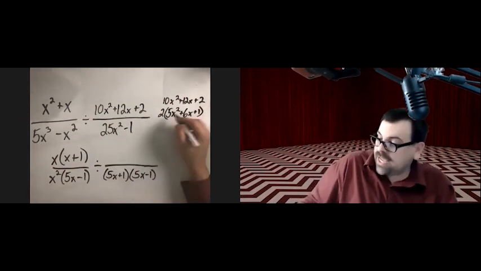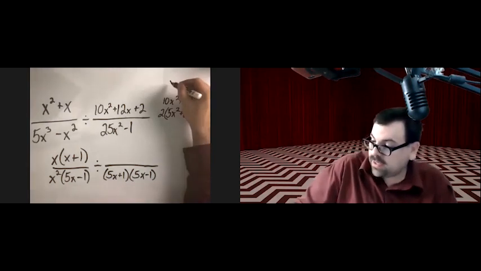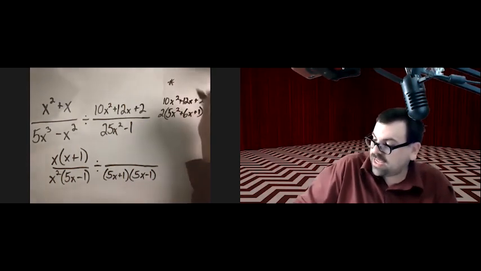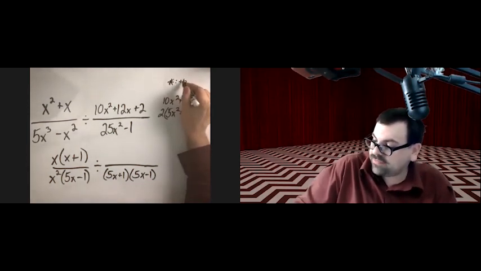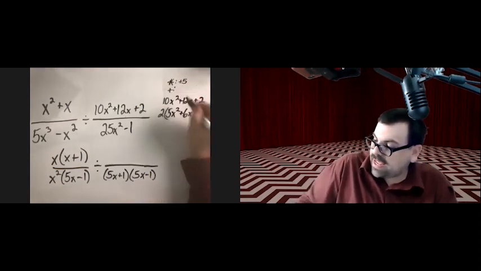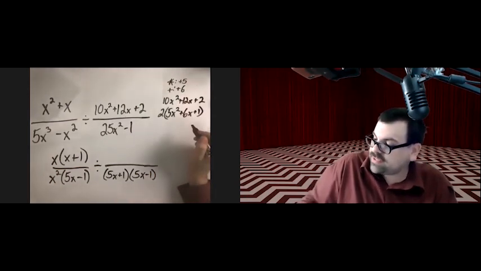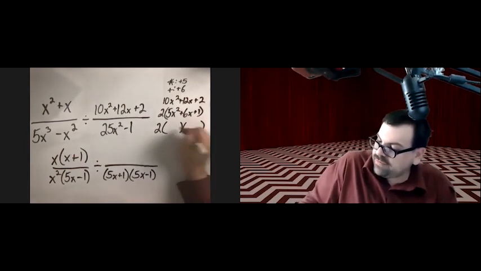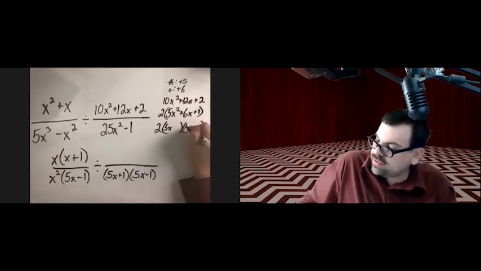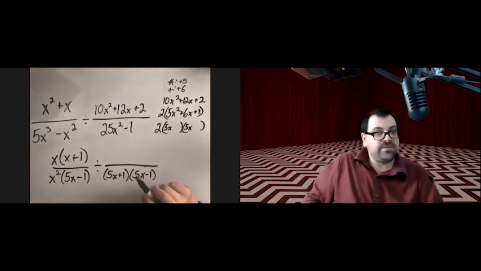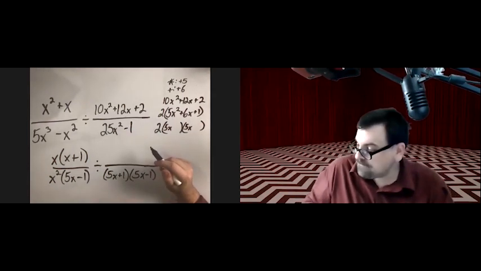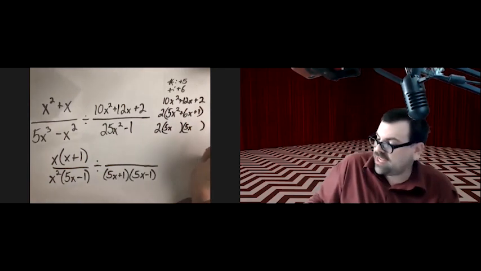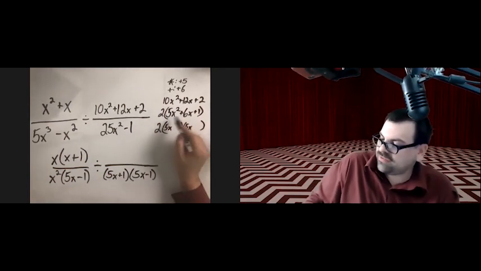We would need numbers that multiply to 5 times 1, multiply to positive 5, and add to positive 6. When we find those numbers, we'll put it in a 5x times 5x because of our 5x squared. Then we'll have a corrective step because we don't need 25x squared.